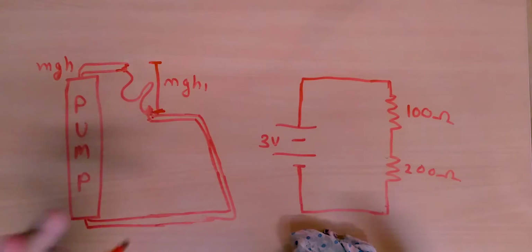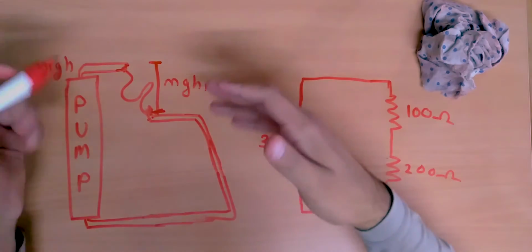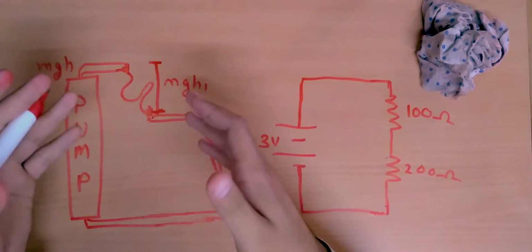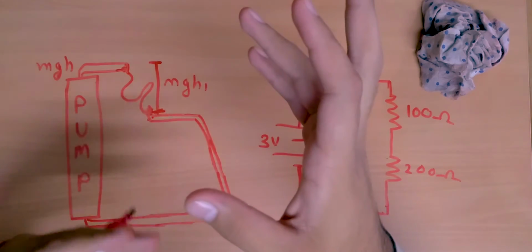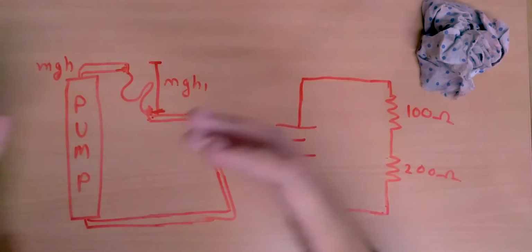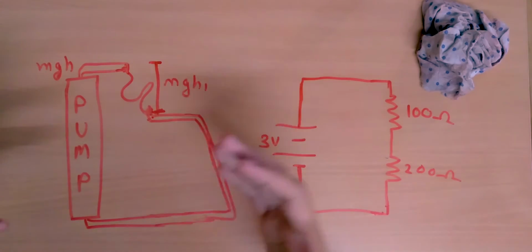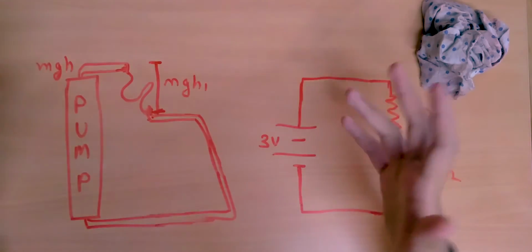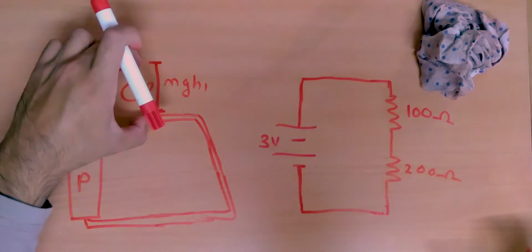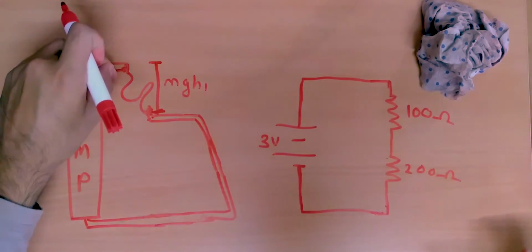So the drop in potential energy of the water does not depend on what type of pipe it is, what the pipe is made up of. Does it allow the flow of water very easily or not? That doesn't really matter. All that matters is the height, with which the potential drops, right?